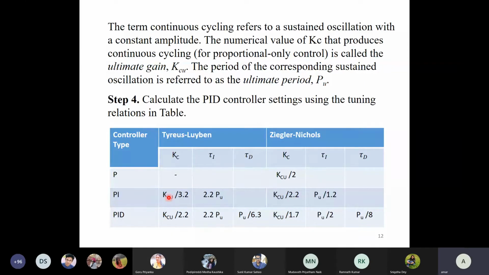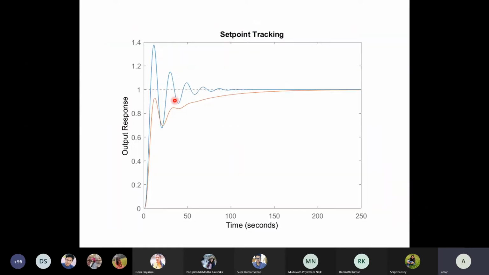If I use both these correlations on a particular process and do set point tracking, you can easily see that for Ziegler-Nichols this is the performance, where the oscillation is there. Whereas for Tyreus-Luyben, the oscillation is small and it smoothly reaches the set point.